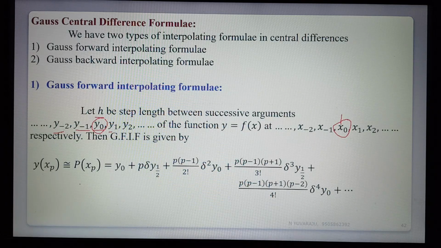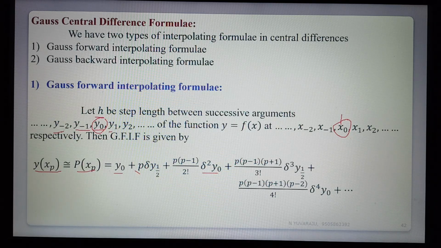We have to find the function value using the Gauss forward and backward interpolating formula. y of xp, that is p of xp, equals y0 plus p delta y 1 by 2 plus p into p minus 1 by 2 factorial delta square y0 plus p into p minus 1 into p plus 1 by 3 factorial delta cube y 1 by 2, and so on. This is the formula for finding the value only.